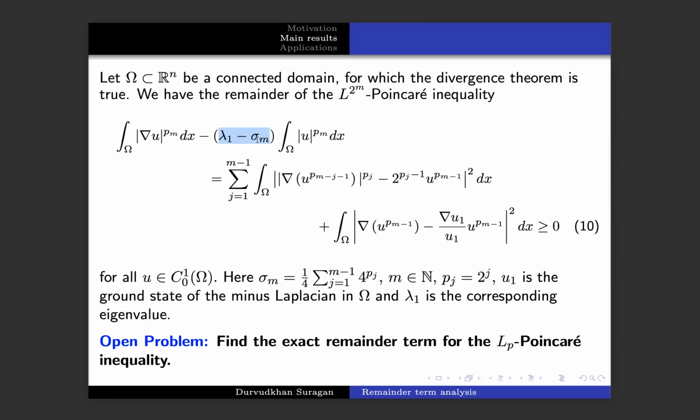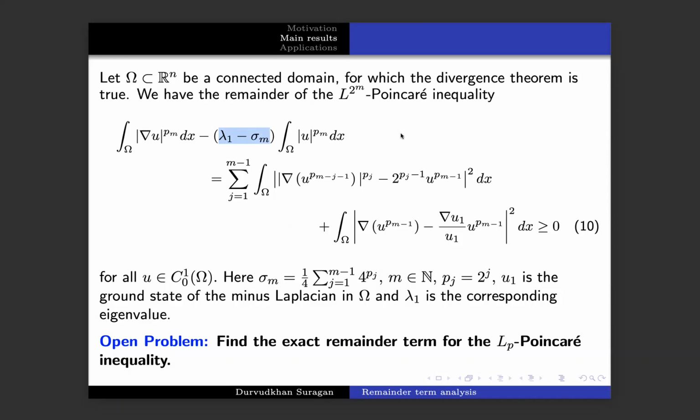But the relation between lambda 1 and this number sigma m is important to obtain the remainder formula. In other words, if this difference is negative, then our technique indeed fails. So it gives nothing. It's not what we wanted.